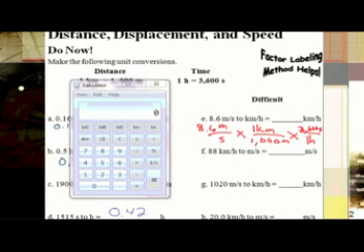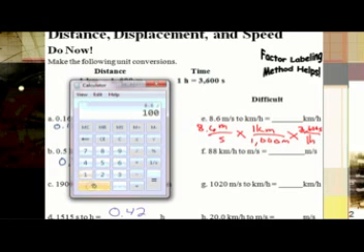When I plug that into the calculator, 8.6 divided by 1,000 times 3,600, I get an answer of 30.96.